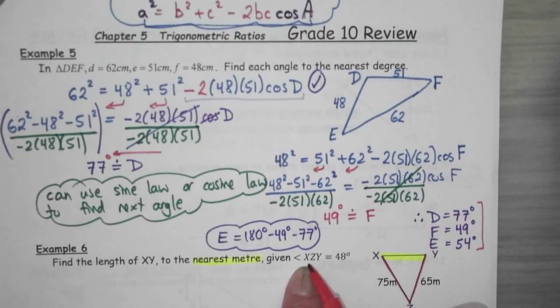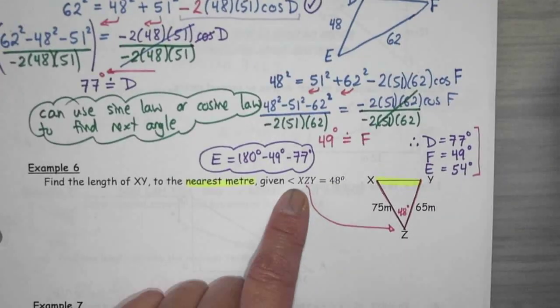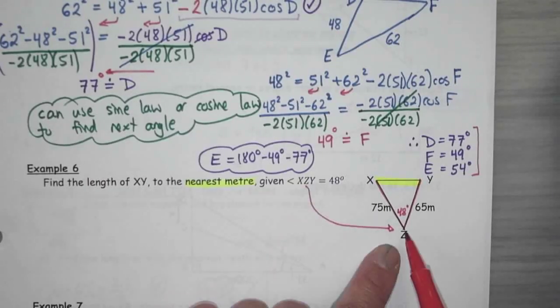Like that. xz. So the middle letter is this one. The middle one tells you where the angle is, right? 48. Remember how to read the 3 letters? So if I go x to z to y, the middle one is this one, so that's your 48. The middle letter. You remember that, I think, hopefully from grade 9, 10, I don't know.